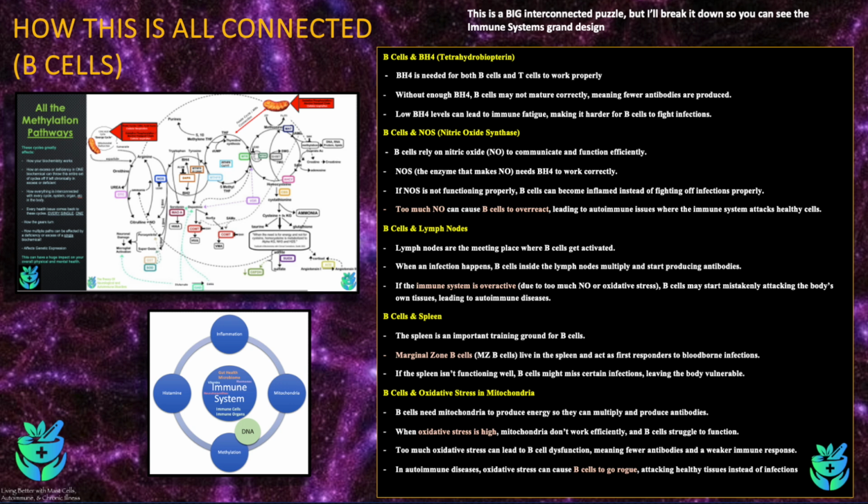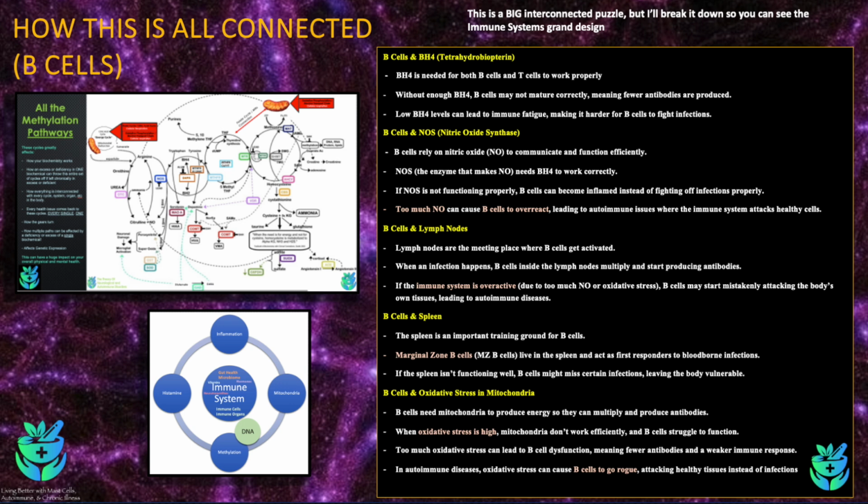B cells and NOS, the nitric oxide system, that is part of the urea cycle. B cells rely on nitric oxide to communicate and function efficiently. So if you have NOS, you might be hampered in this department. So you're also going to have to take extra care to keep your immune system healthy.